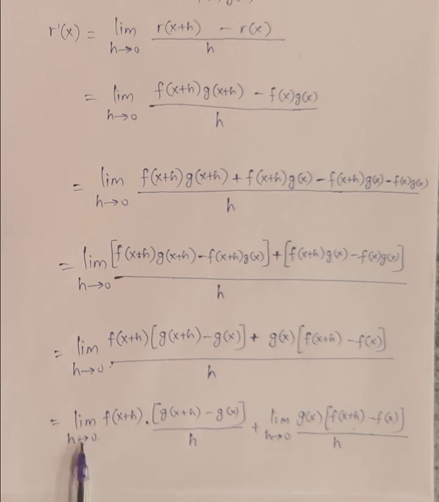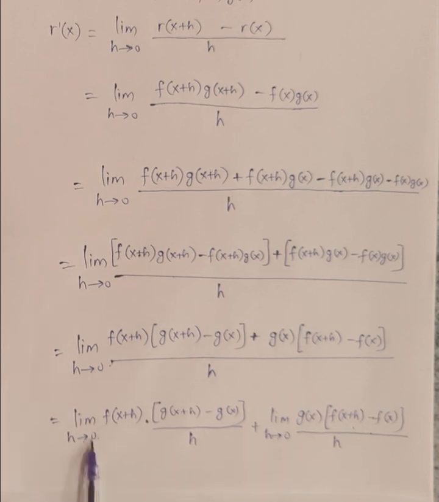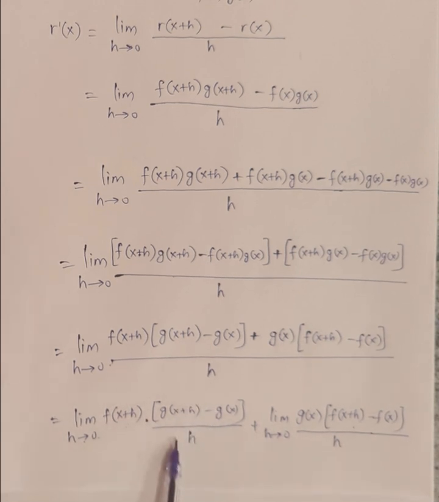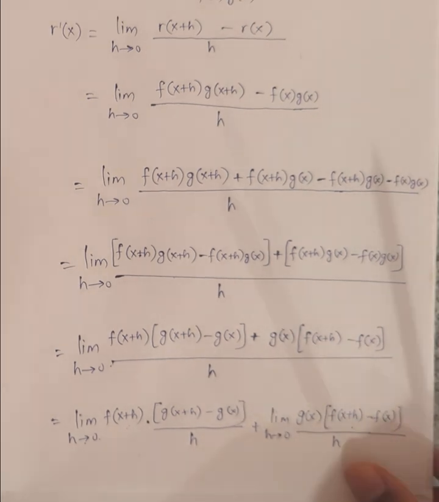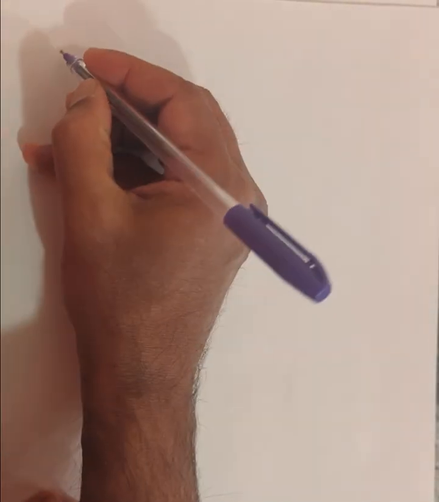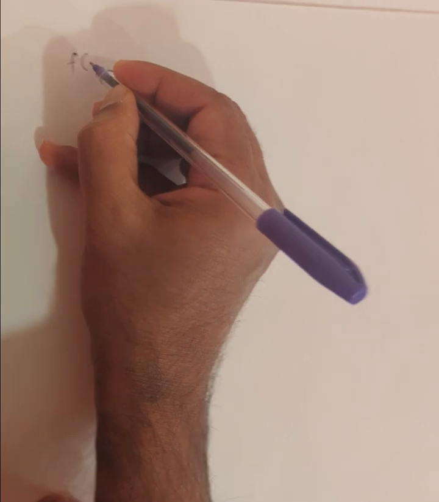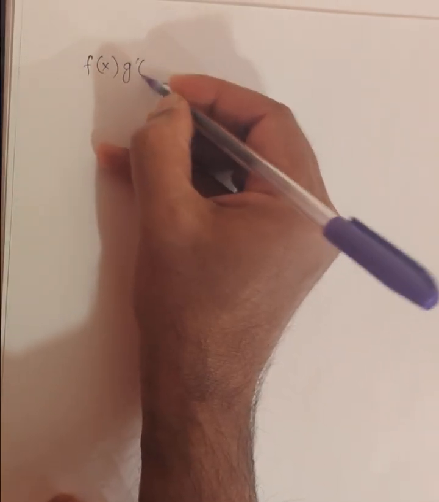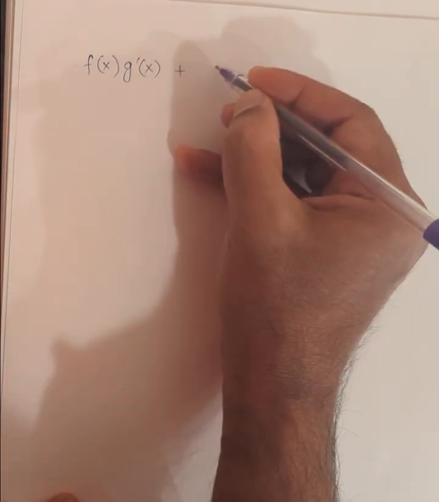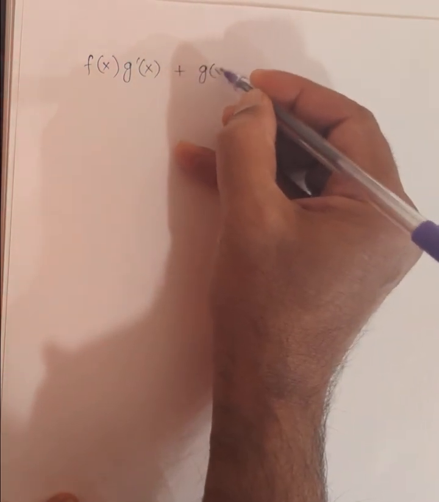So I can write this as the limit of f of x plus h times this limit, plus the limit as h approaches 0. Actually, we can pull the g of x out. So finally, what happens is you get f of x g prime x plus g of x f prime x.